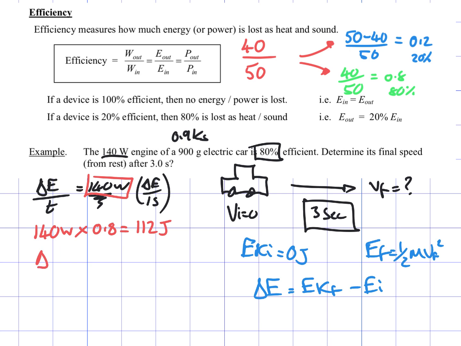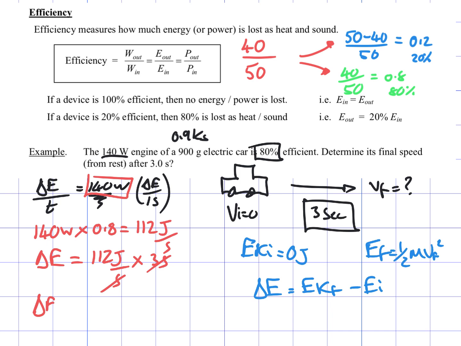Sorry, that's actually joules per second, because that's watts. So it's 112 joules per second times the 3 seconds. Now that's important because look, the little seconds cancel out and you're left with 112.